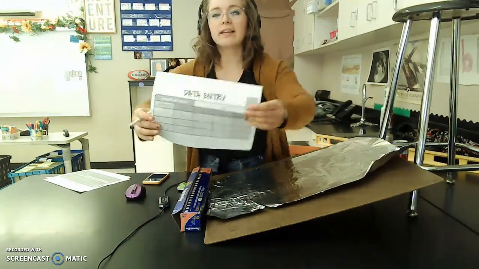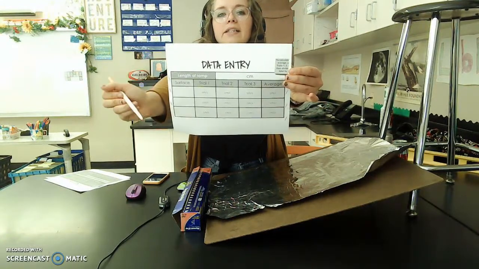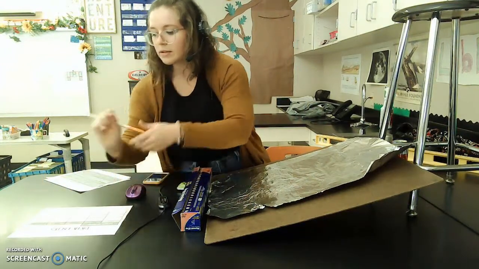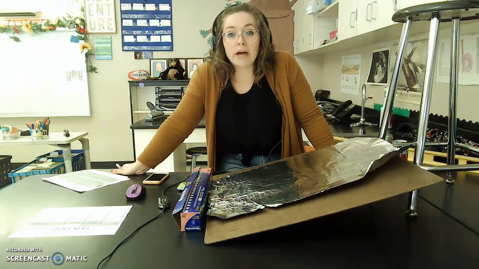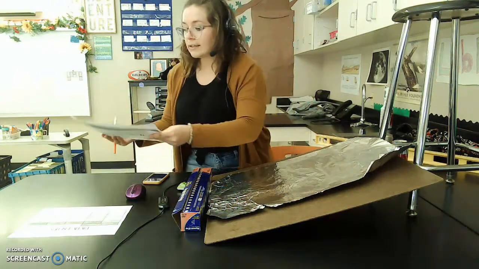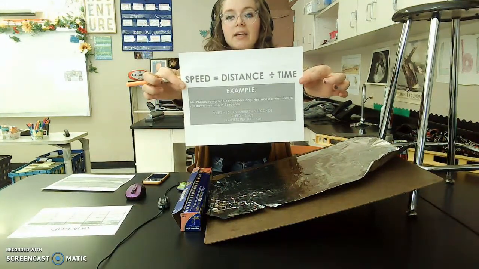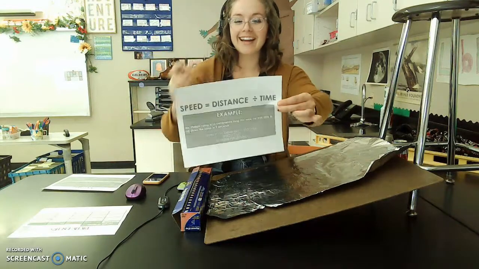Once you've measured the length of your ramp, you're going to record it up here in your data entry table. So I've got 60 centimeters. The reason we need to know that is so we can calculate our speed, right? Our speed is going to be the distance traveled divided by the time it took to travel that distance. This is so important.